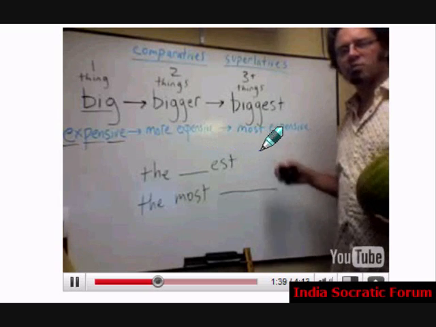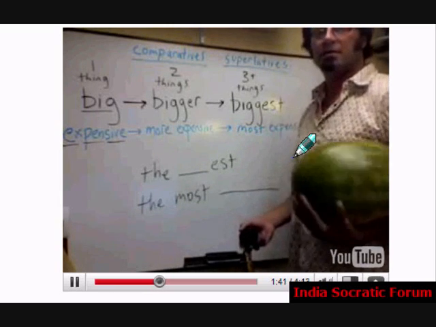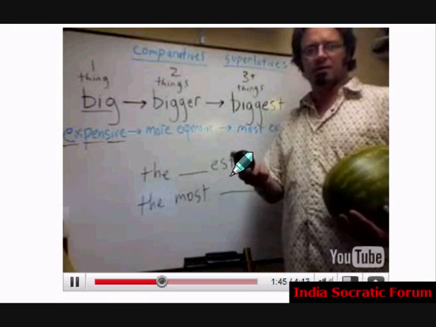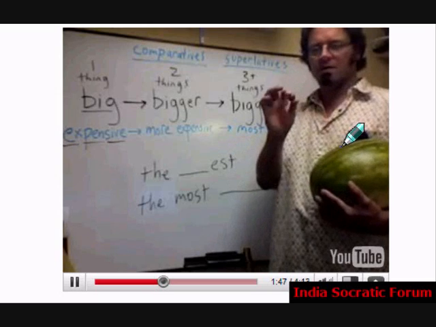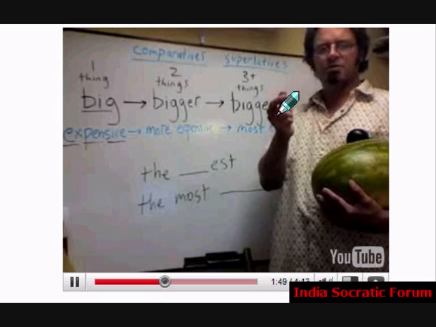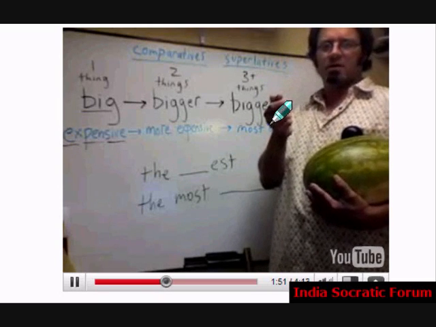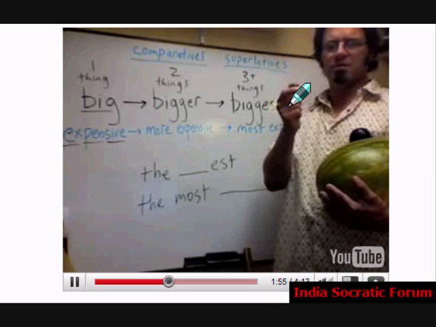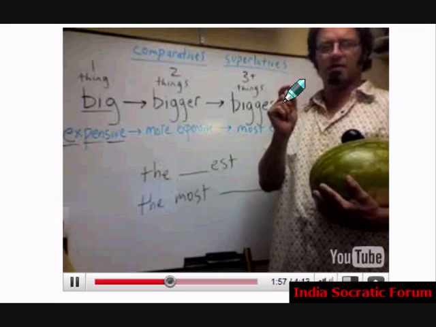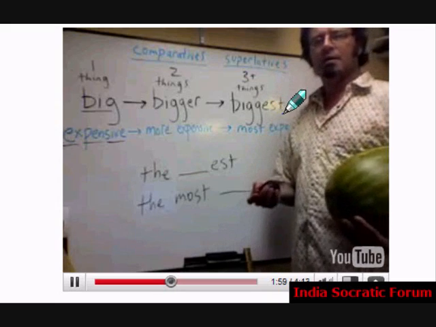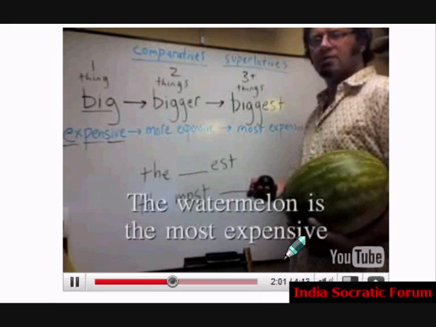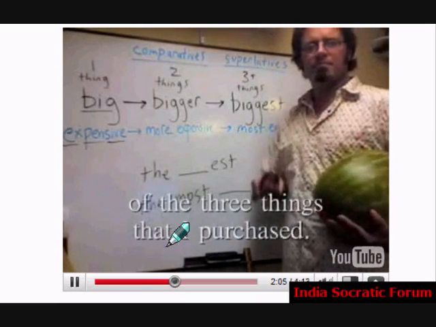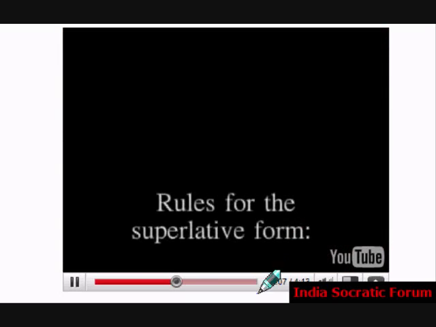We call it the most expensive. So watermelon costs 100 rupees, plum costs 20 rupees, the grape costs only 50 paisa. Half a kilo might cost you 10 rupees, and this one single piece may cost you 10 paisa. The watermelon is the most expensive of the 3 things that I purchased.